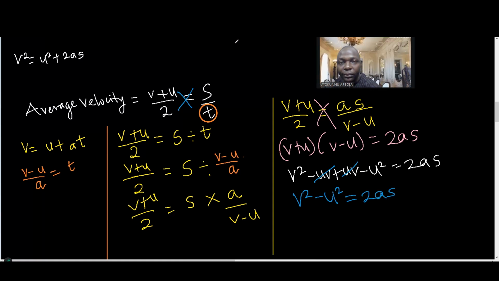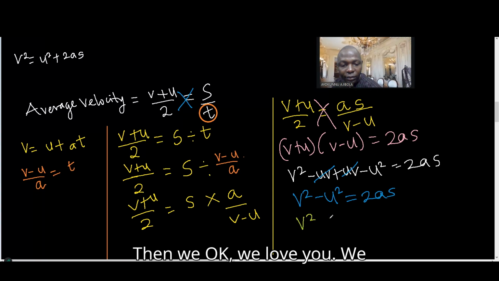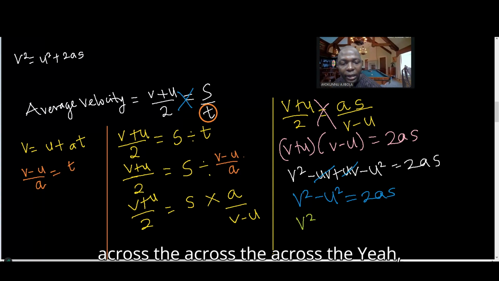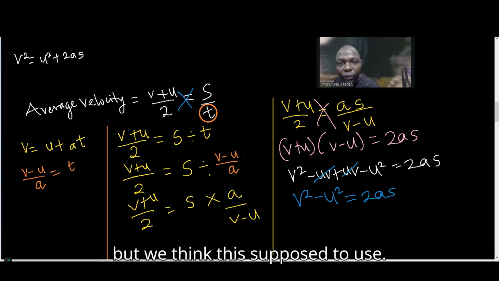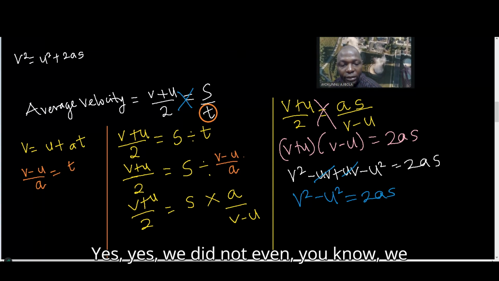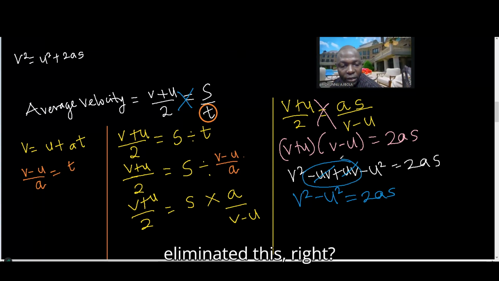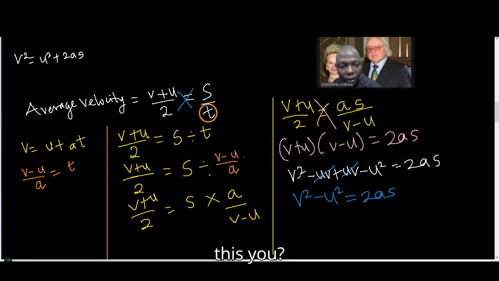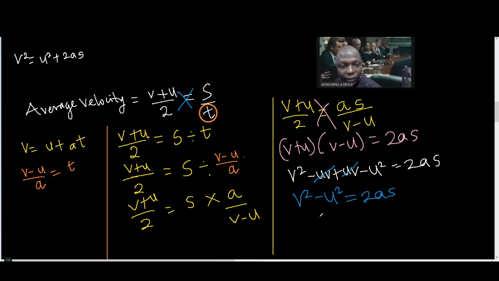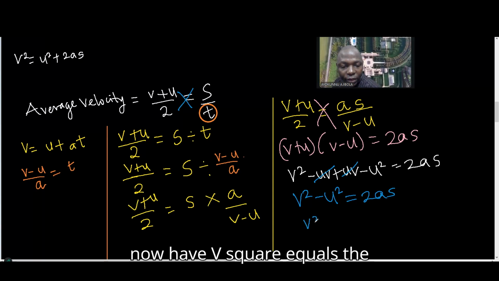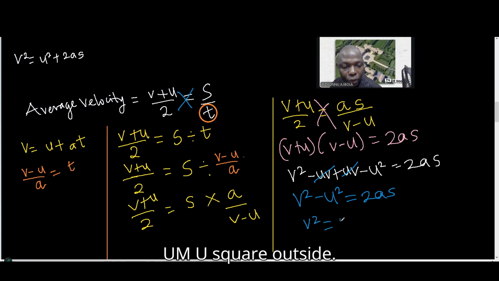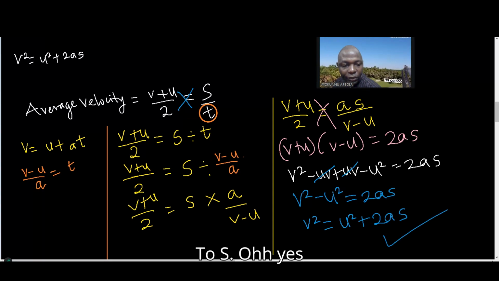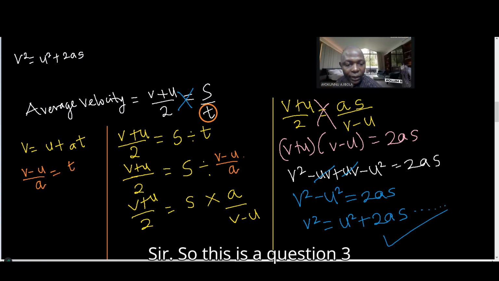So we have v squared minus u squared equals 2as. Then we move u squared across the equals to the other side. So now we have v squared equals u squared plus 2as.